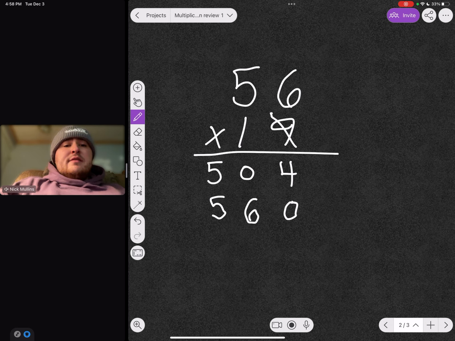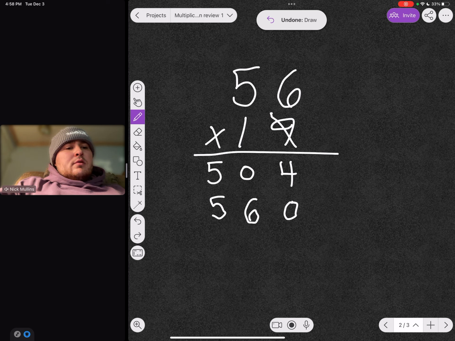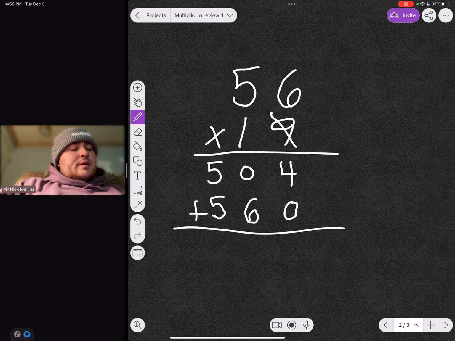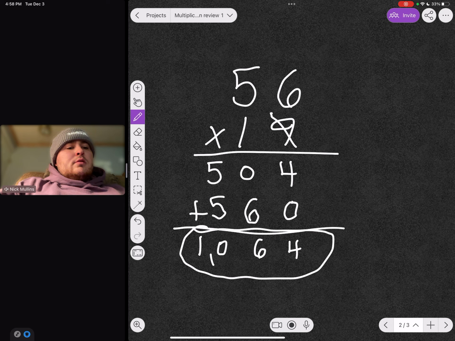All I have to do to get the final product or the final answer is set that up as an addition problem. 4 plus 0 is 4. 0 plus 6 is 6. And 5 plus 5 is 10. Make sure you put your comma in the right place. So our final answer, or our product, is 1,064.